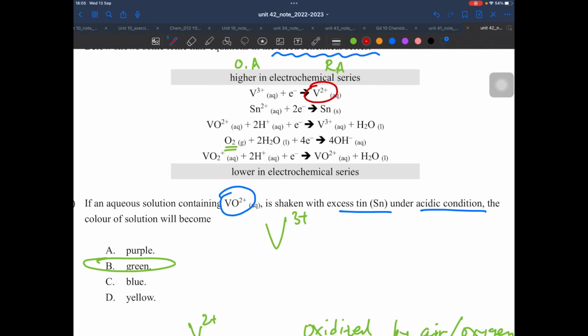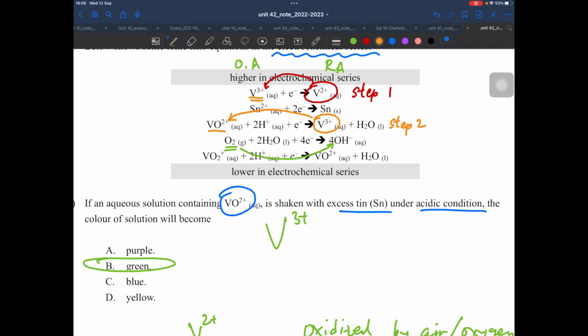V2 plus is here. Oxygen is the green one. So let's see. V2 plus becomes V3 plus. Oxygen becomes hydroxide. Oops. But the story hasn't ended because V3 plus is also here, right? So they will get further reaction. This is step 1. This is step 2. Become VO double plus.